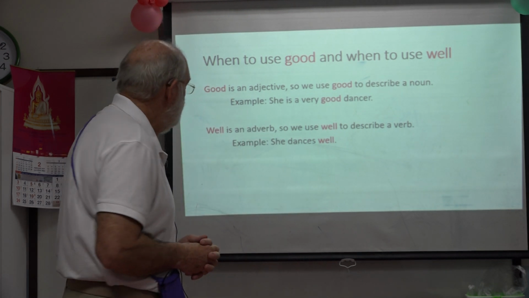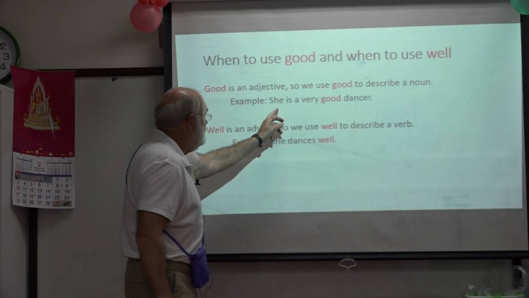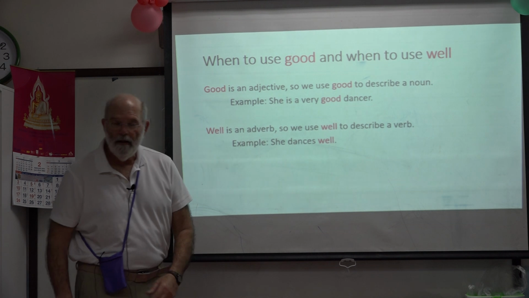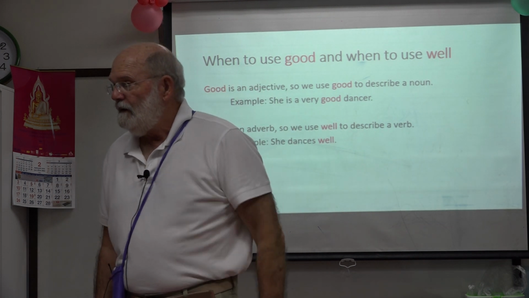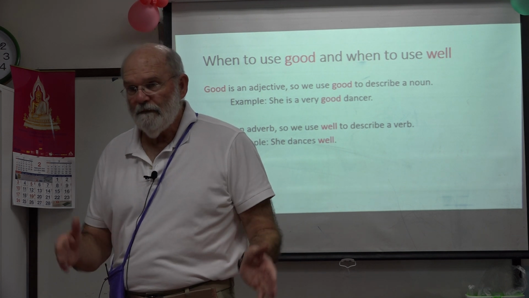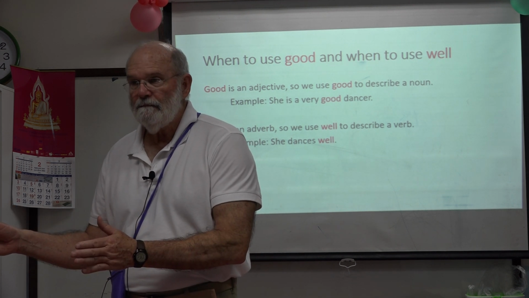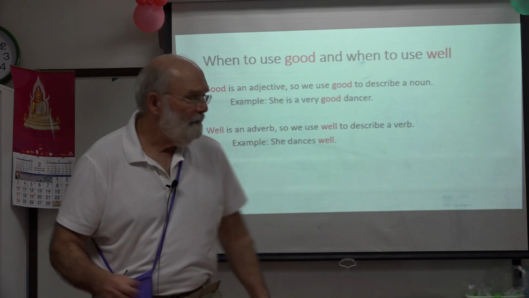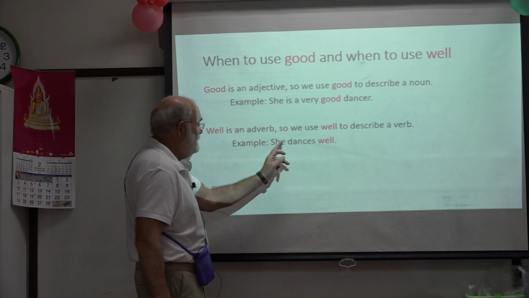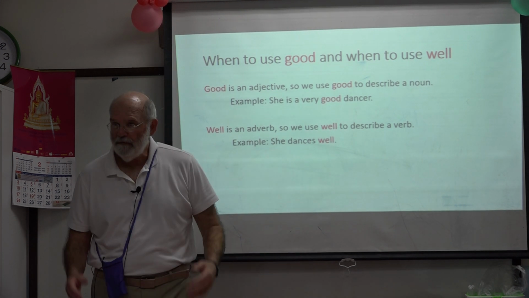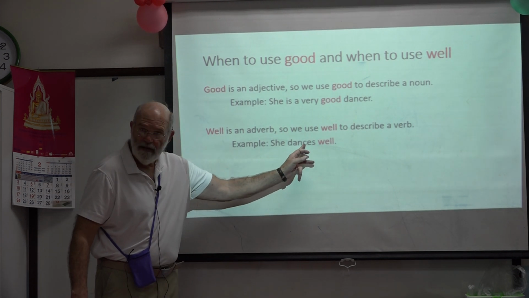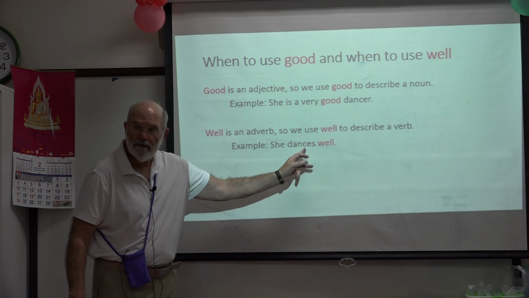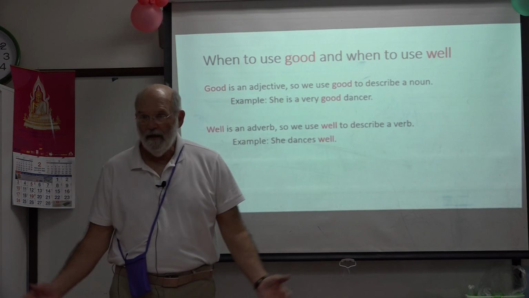So, if we wanted to say that she is a good dancer, we would say good because we're modifying a noun, dancer. But if we said she dances well, we have to use well because well is modifying how she dances. You see the difference? Got it?